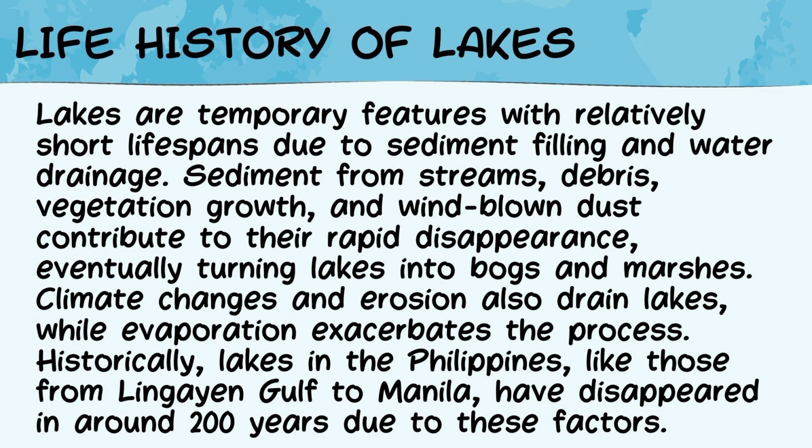Next is the water drainage, where changes in climate or water flow lead to the lake drying out. So as lakes fill with sediment, they turn into marshes, peat swamps, or plains over time.